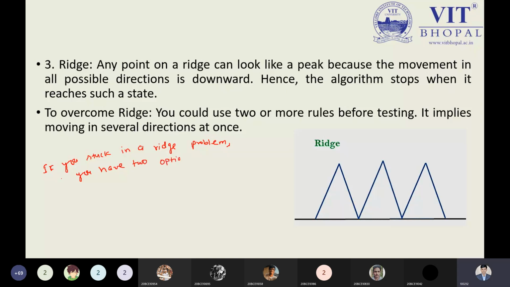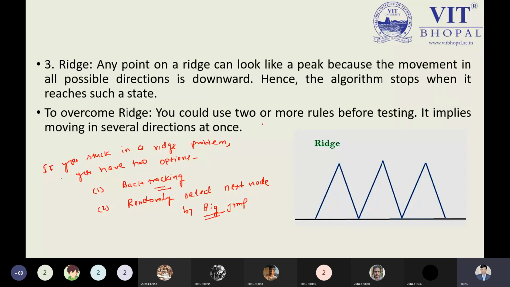First, you can apply backtracking. Second, you can randomly select the next node by a big jump. That is the point. So these are the two possible solutions we can have.